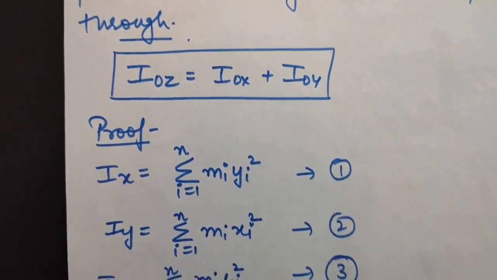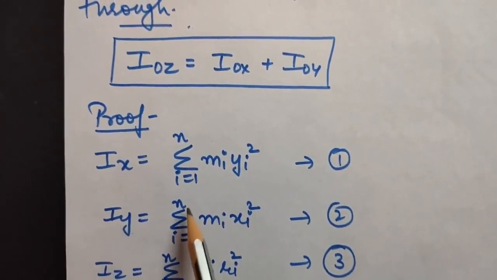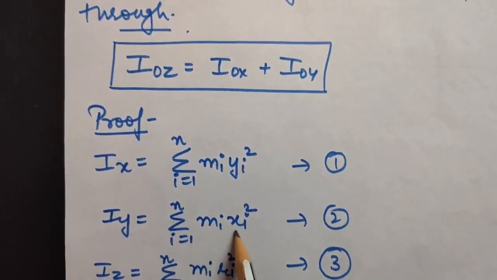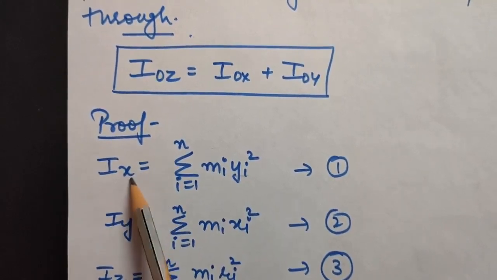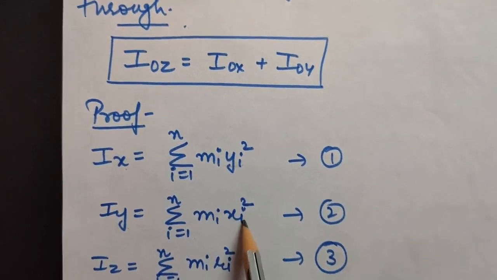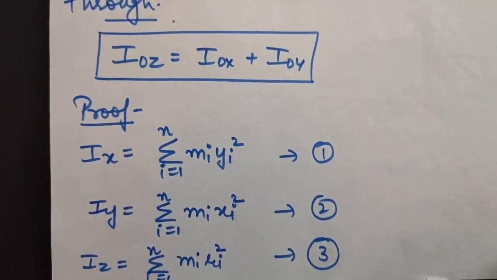Mark it 1. Similarly, the moment of inertia about the y-axis will be equal to summation i equal to 1 to N of m_i x_i square. Remember this, we are taking y_i for x and x_i for y because these are the perpendicular distances of the masses. Now if I talk about the z-axis, that is I_z.